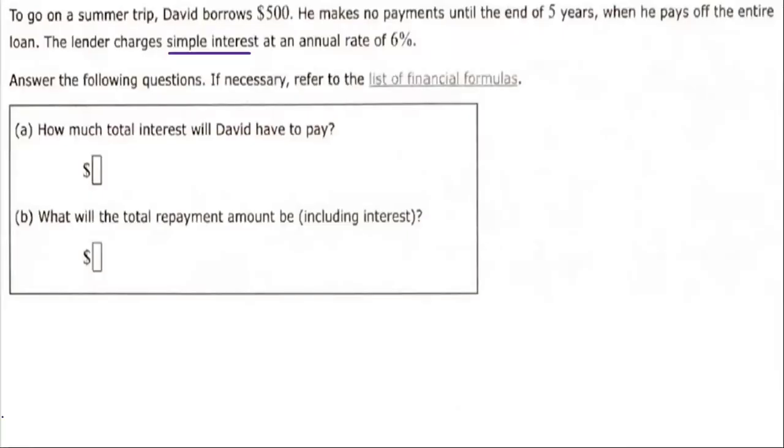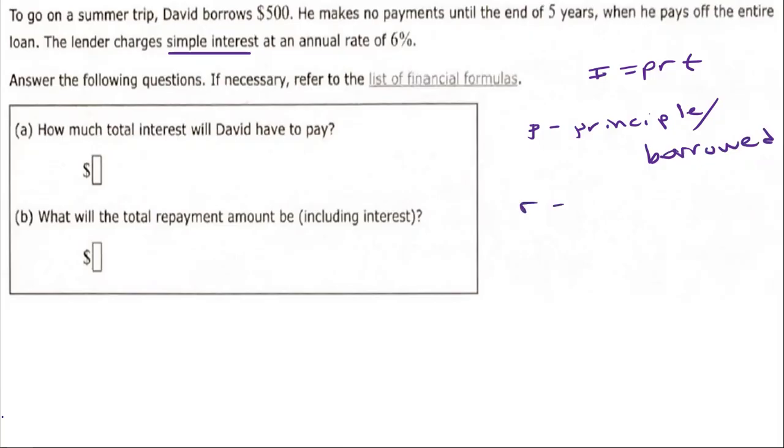Okay, so I equals PRT. All right, so P is going to stand for the principal, or the amount borrowed. R is going to stand for the rate. And then T is going to stand for time.